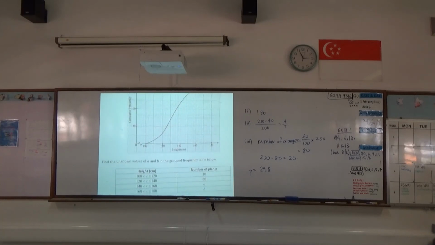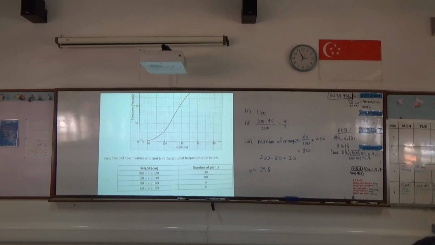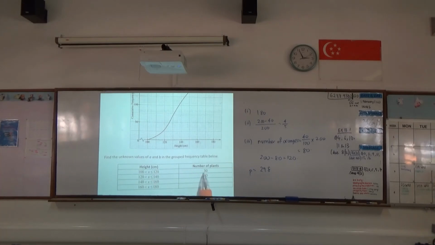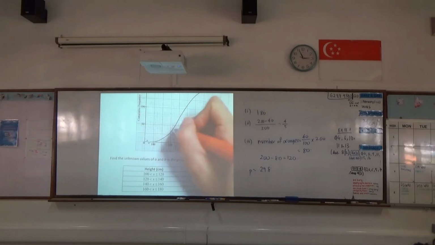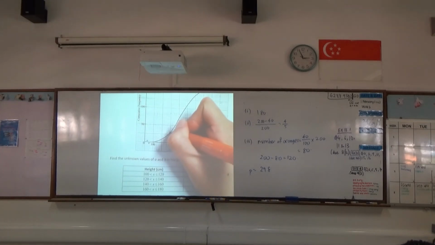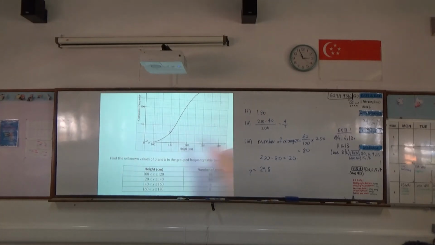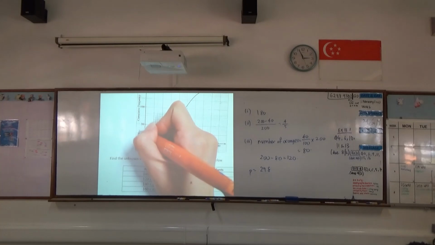We want to find the unknown values of A and B in the group frequency table below. So in this example they gave you some hints already, where between 100 to 120, reading from the graph, you find that this value here is 30. So the number here is 30.